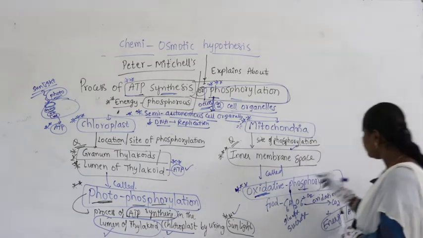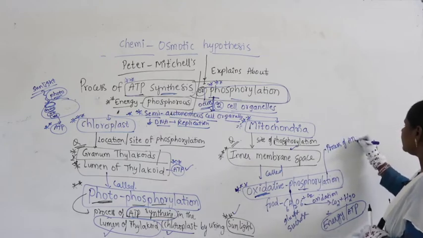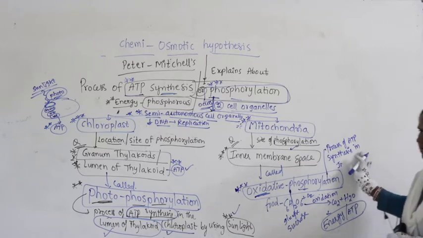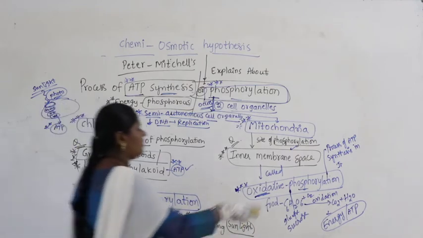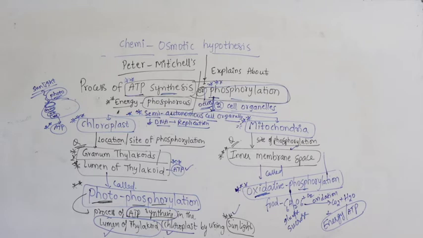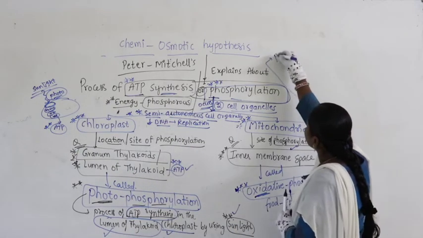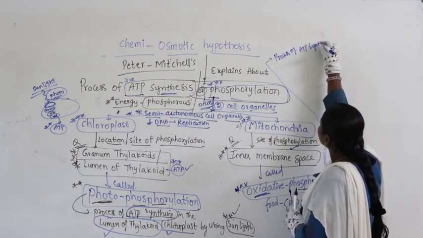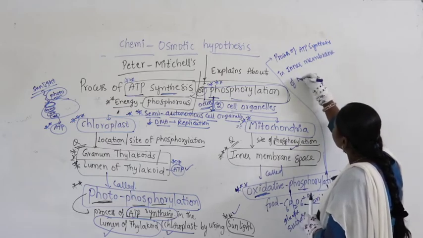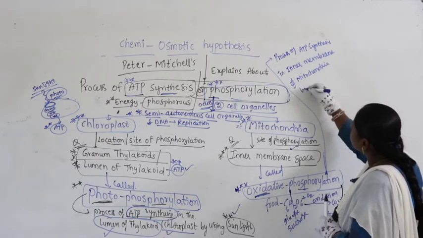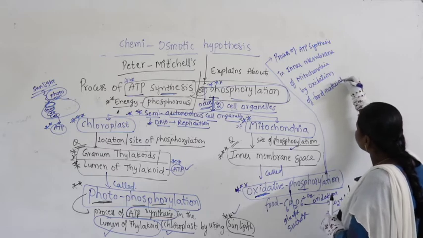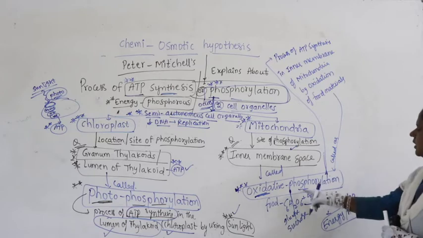So how do you define this? The same thing you can write here. It's like the process of ATP synthesis, right, in the inner membrane space of mitochondria by oxidation of food materials, itself is called oxidative phosphorylation.